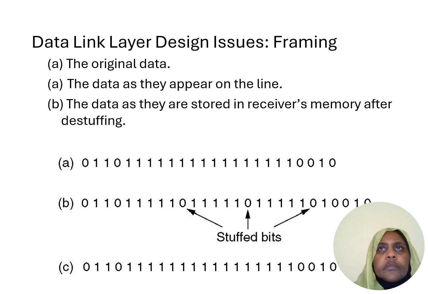Bit stuffing happens when there are 5 consecutive ones in the data. So a 0 bit will be stuffed in the data to distinguish the flag bits from the ordinary data, as we can see in this example. Every 5 ones were stuffed with a 0, and at the receiver they were destuffed and the data went back to its original form.